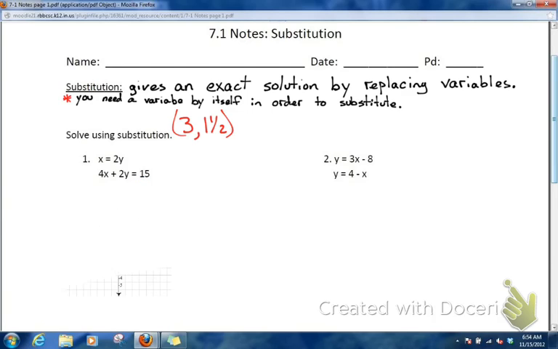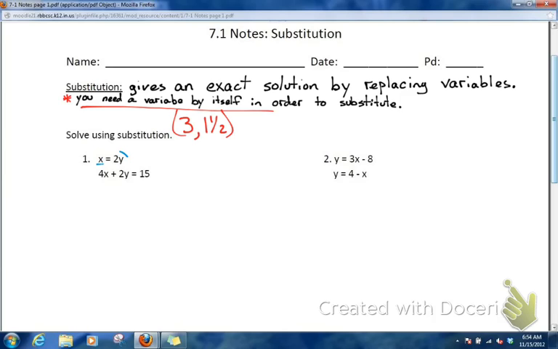Now, when you use substitution, you simply look at your two equations and you say, okay, first of all, like I have up here in starred, I need to have a variable all by itself in order to do substitution. And in this case I do. I have x all by itself. x equals 2y. So as long as you have a variable all by itself, you can take what it equals.